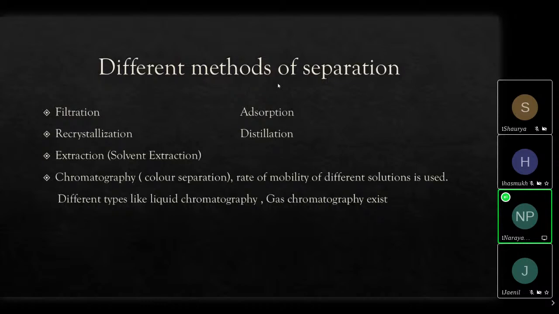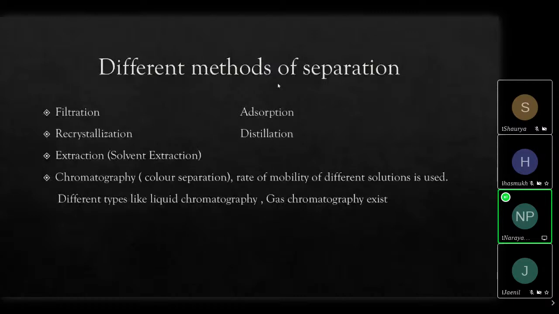Then there are methods called extraction, generally solvent extraction, where we dissolve the material and then chemically separate the material. Somewhat like that copper thing was solvent extraction. Another method is chromatography, and the mobility of different solutions is different.